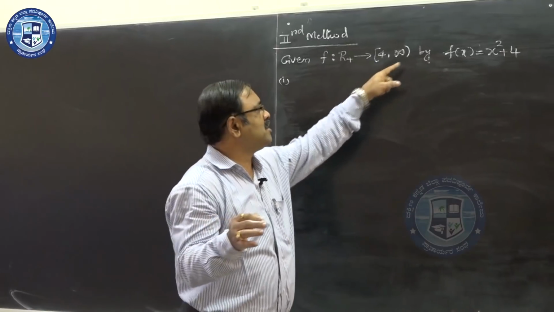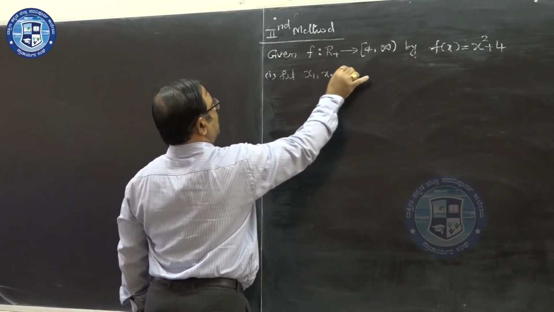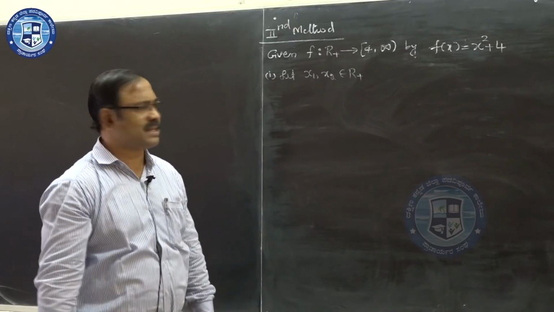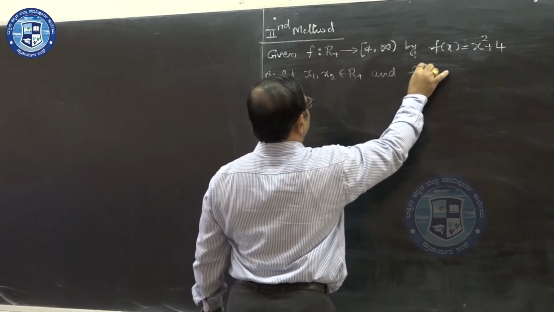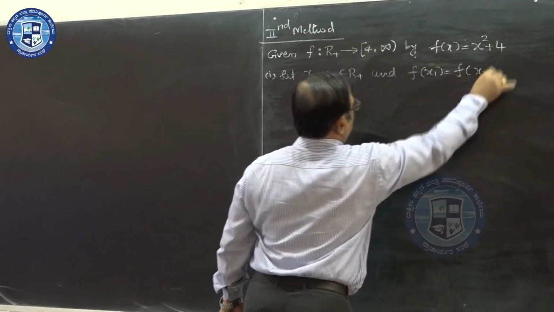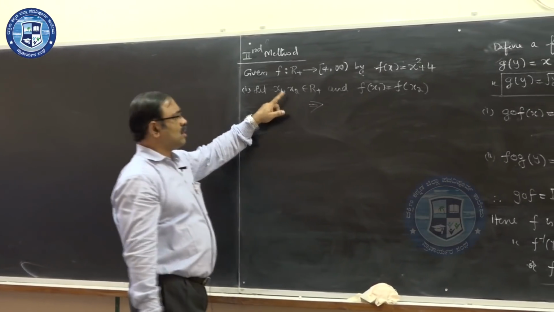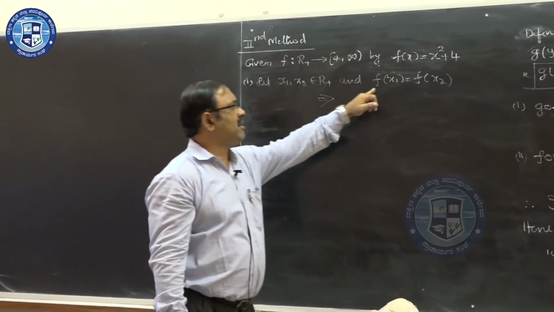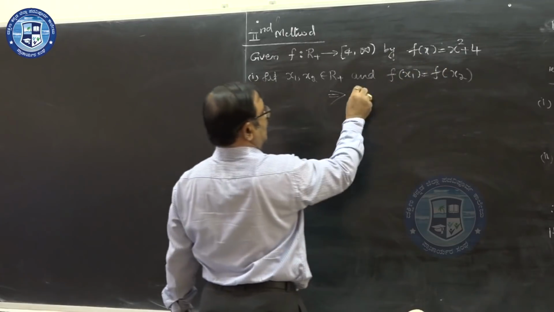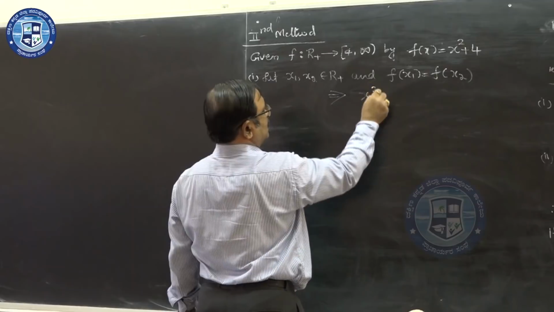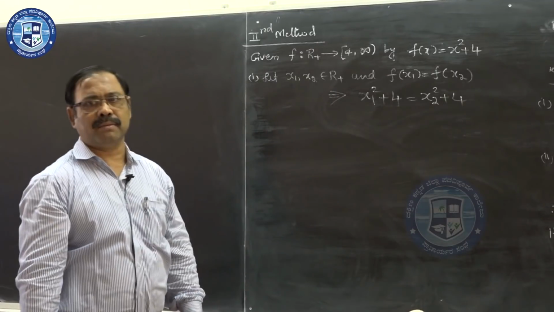For that, I am writing: let x1, x2 belonging to R plus and f of x1 equal to f of x2. This implies f of x1, that is x1 squared plus 4, equal to x2 squared plus 4.